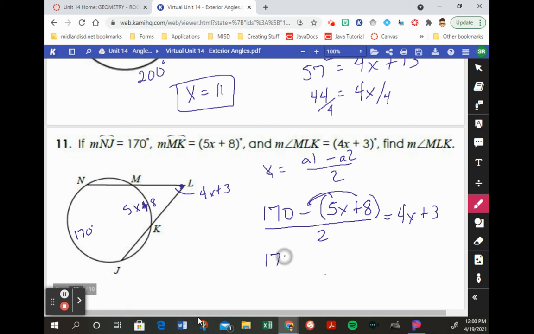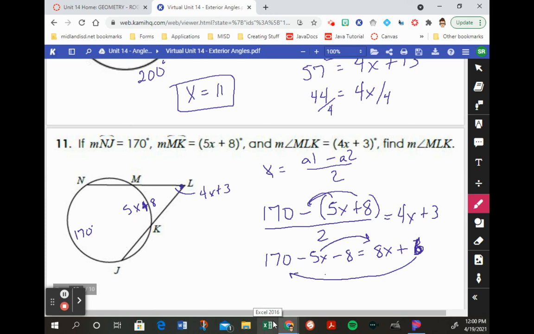So 170 minus 5x minus 8 equals 8x plus 6 plus 6. I'm still going to move the 5x over here. I'm going to move the 6 over here.